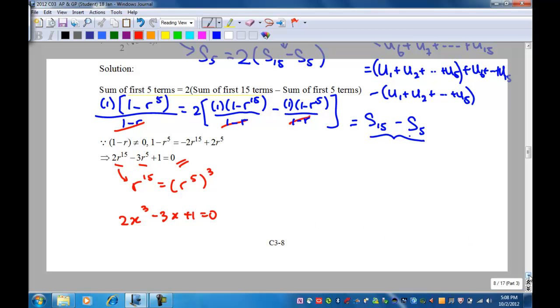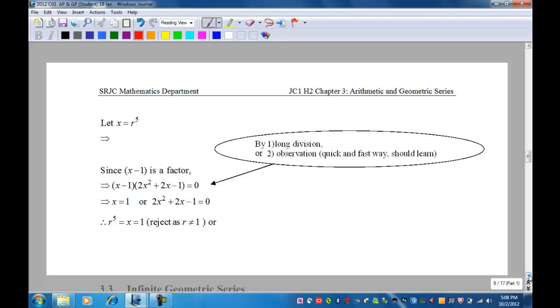So let's proceed. We will have 2x cubed minus 3x plus 1 equals 0. How do we solve this cubic equation? Recall our remainder and factor theorem that we can use trial and error. x equals 1 will reduce the expression on the left hand side to 0.